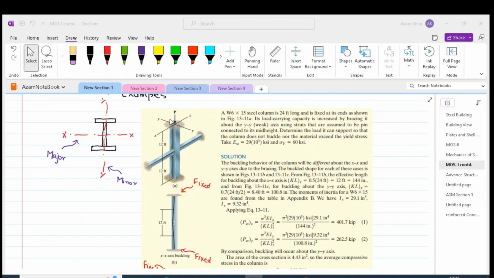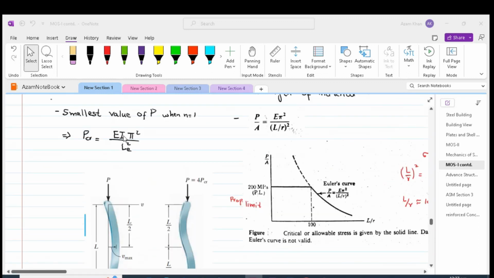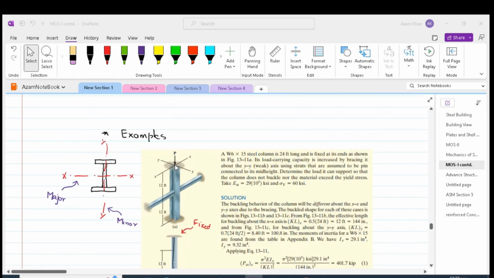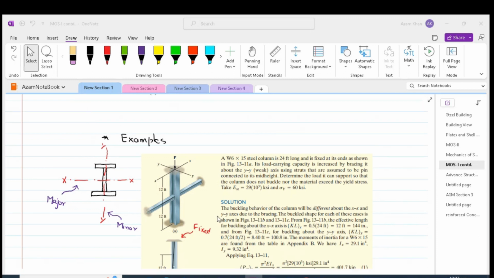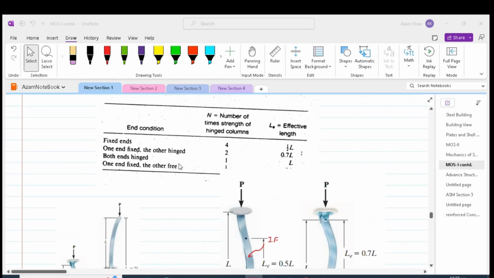In the case of major axis buckling, we have to plug the value I max and take LE corresponding to the fixed end condition. So as per this table, the fixed ends will have half the length available to buckle.